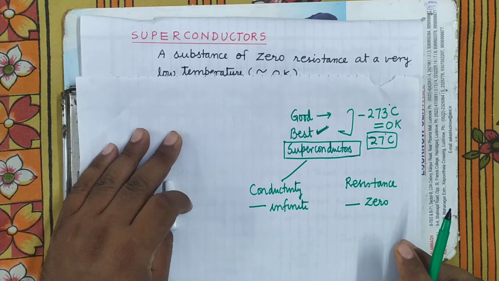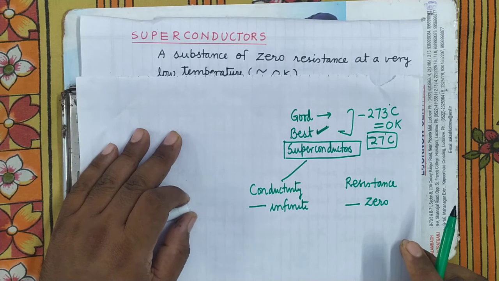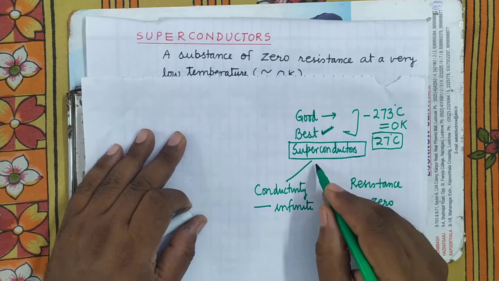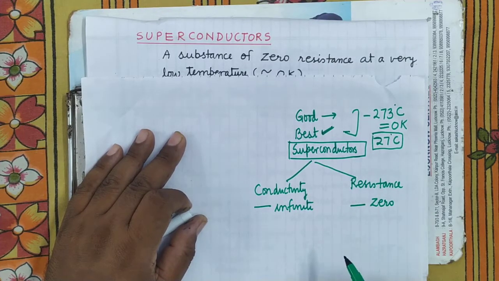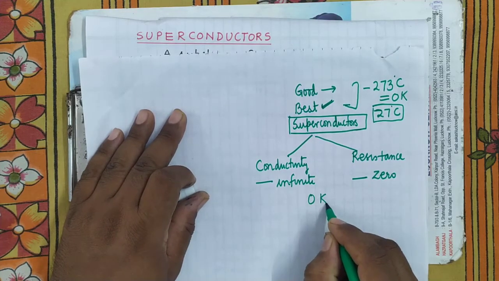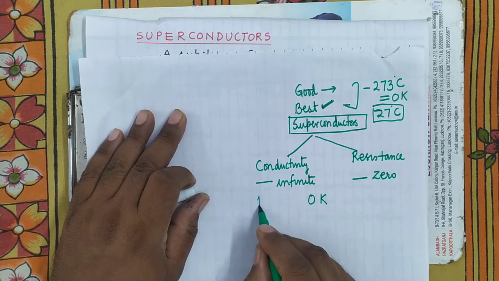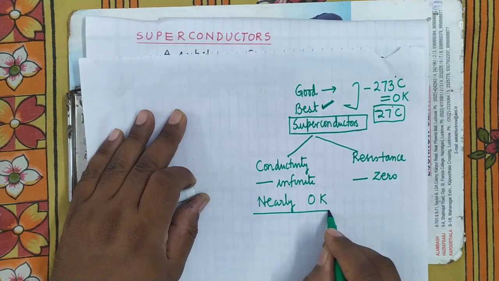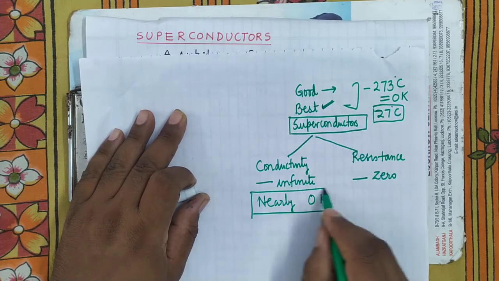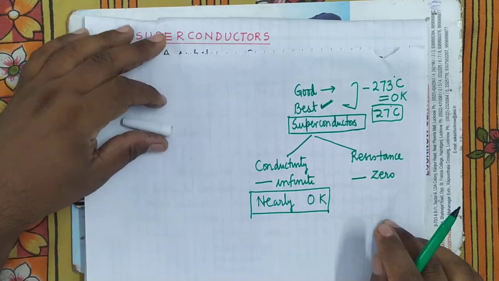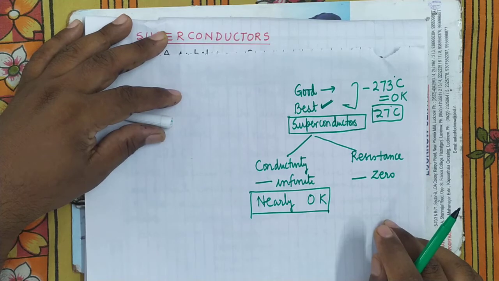It is clear. But in the case of superconductors, substances will behave like superconductors only in the low temperature range, meaning when the temperature is near 0 Kelvin. There are some substances which, when the temperature reaches near 0 Kelvin, behave like superconductors.